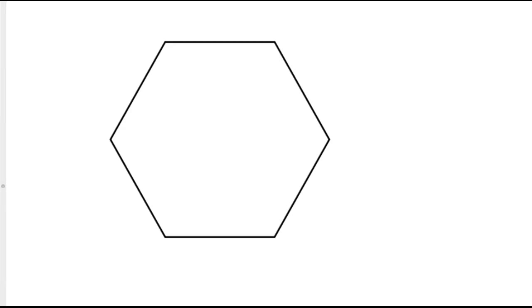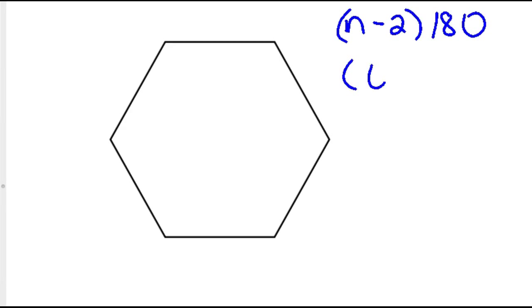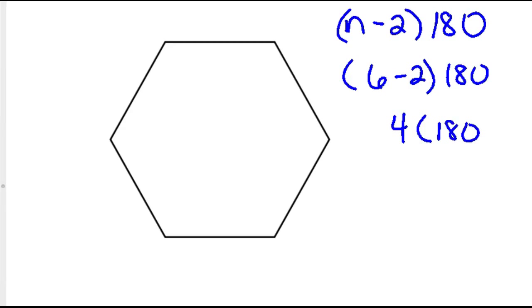So I think here there are 6 sides. Well, I know that there are 6 sides. If you follow the formula, n minus 2 times 180, we know that it's 6 minus 2 times 180, which is 4 times 180, which would be 720. Again, if you don't have that formula memorized, it's okay.